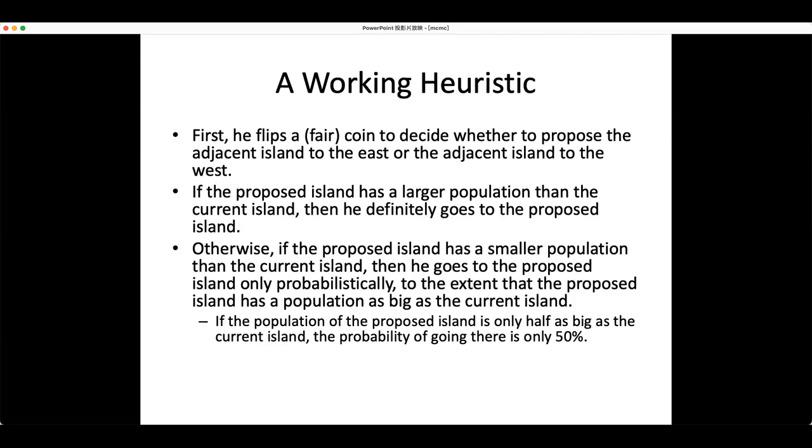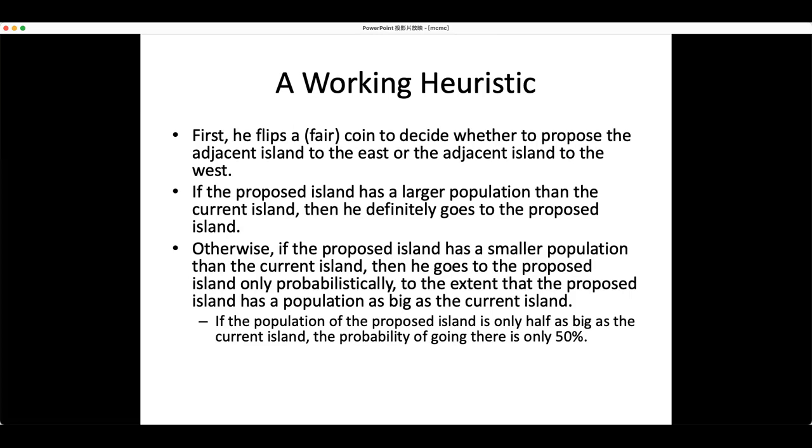It means that the politician will go there with a probability proportional to the population. How should I say? For example, if the proposed island has half of the population of the current island, then the probability of going there is 50%.